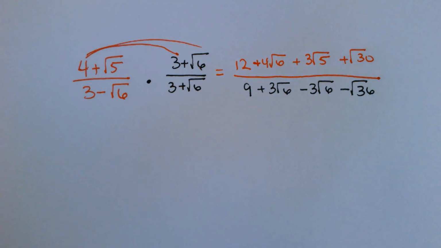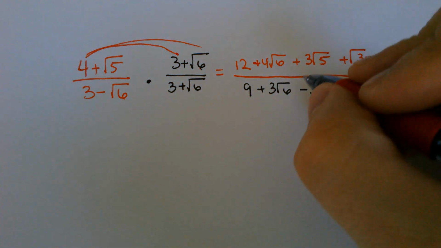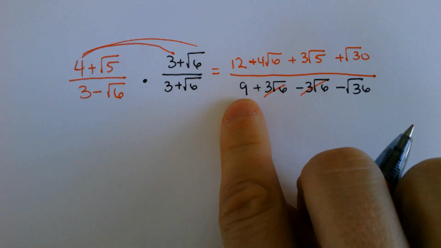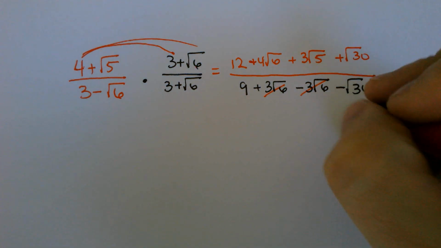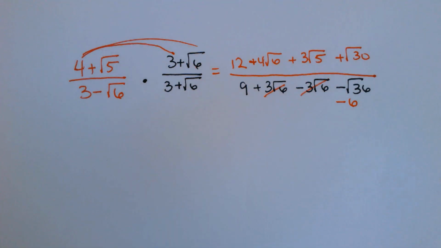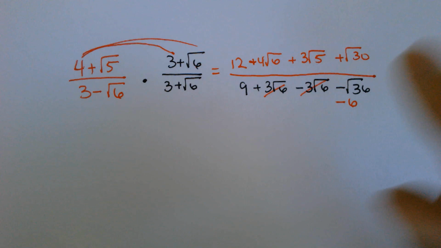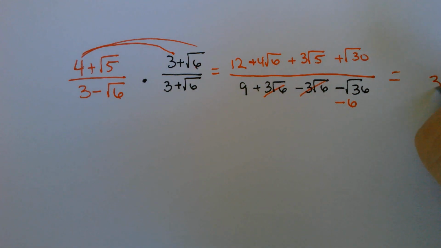Let's see anything and everything that will combine. We have 3 square root of 6 and negative 3 square root of 6. They cancel. We have 9 minus 6 because the square root of 36 is regular 6. So 9 minus 6 is not imaginary. It's just a regular 6. Ends up being 3.